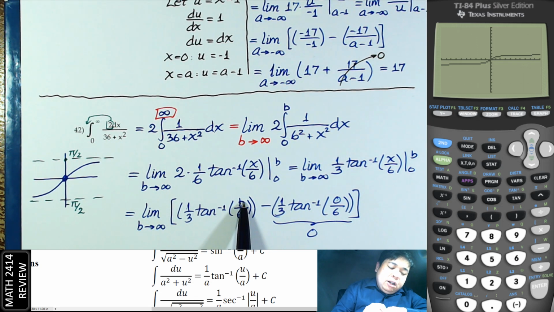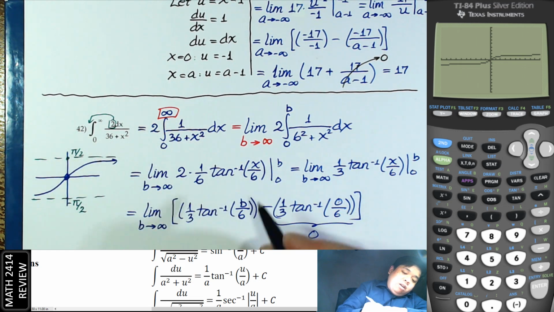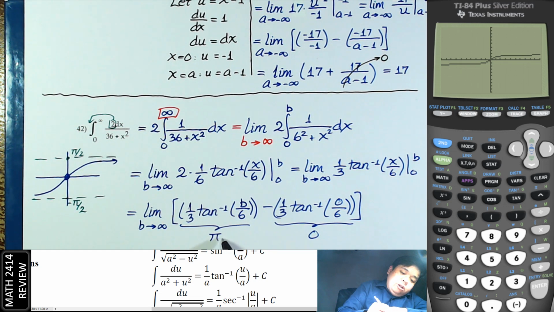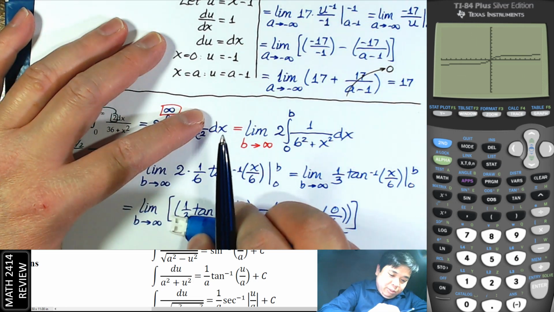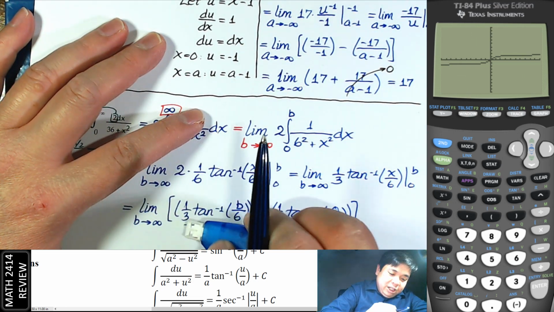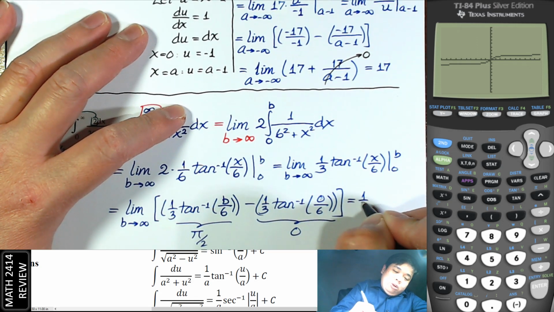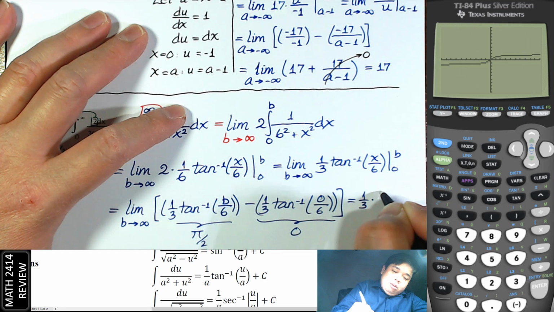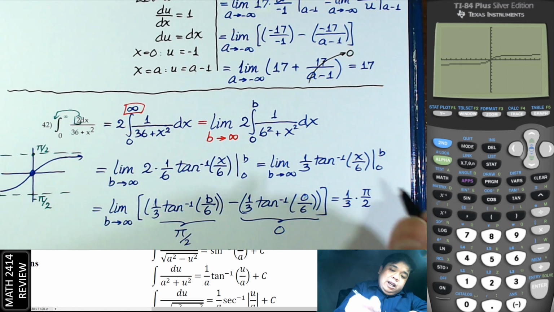And now this is tangent inverse of infinity, b goes to infinity. Tangent inverse of infinity is pi over 2. Of course, the 1 over 3 stays, so we have 1 over 3 times pi over 2. And that's pi over 6.